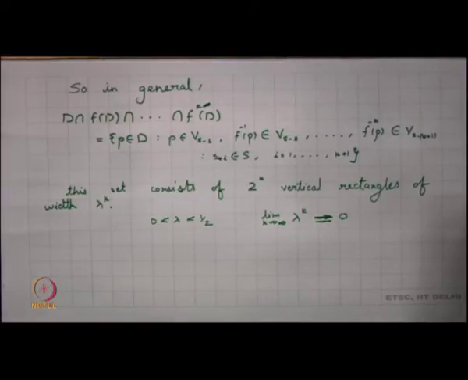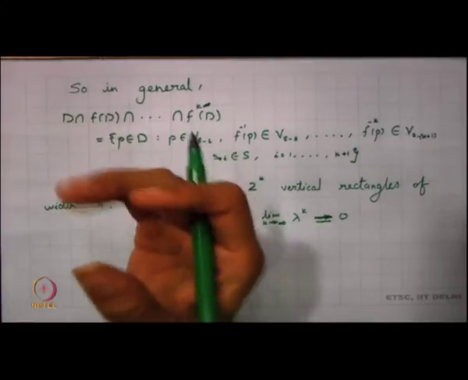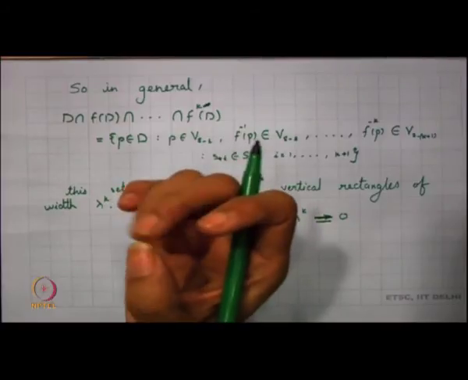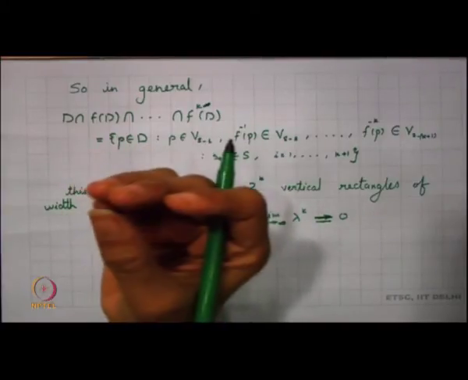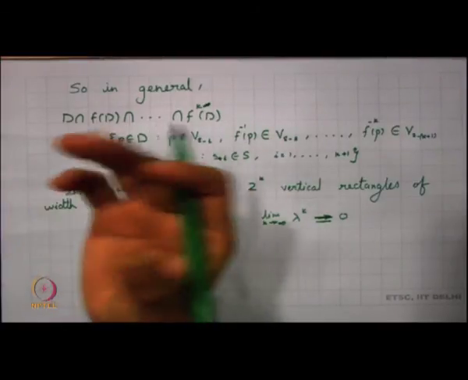So, that means as we go on applying f again and again, these rectangles are slowly, gradually going to lose their width, and 0 width means they become a straight line. So, what happens at the infinite stage here?